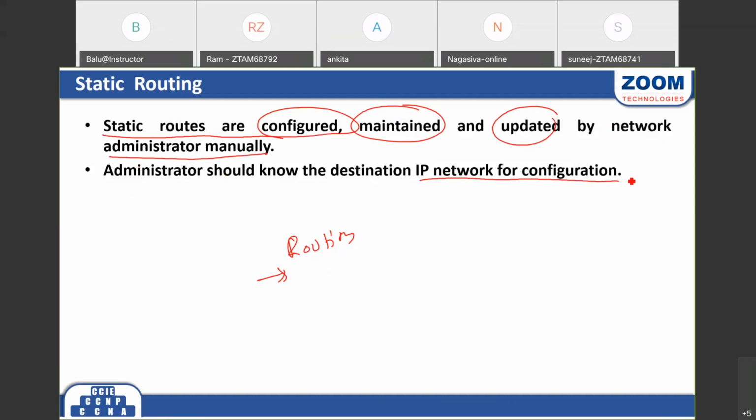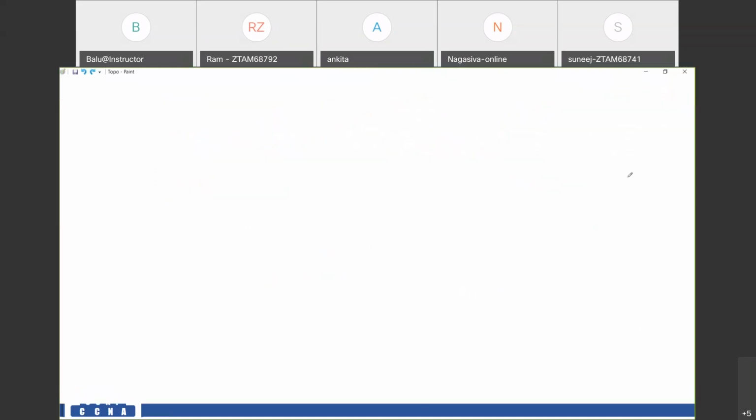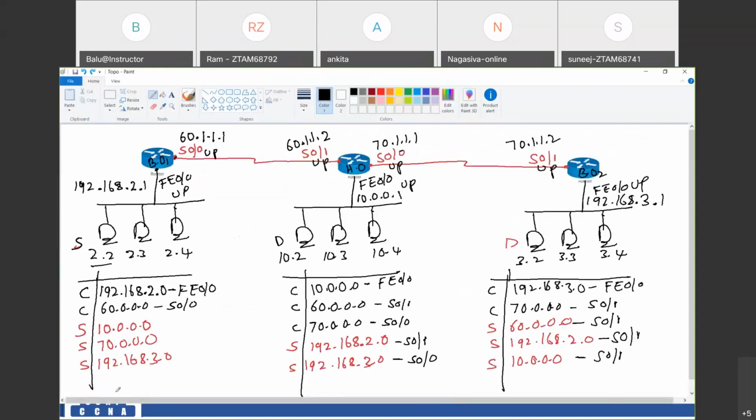So we should know all destination IP networks. In yesterday's session we clearly discussed how your routing table is formed, what the default routing table entries are, how we need to update your static routes, and how traffic moves from one network to another network. This is all the routing part we have clearly discussed, right?